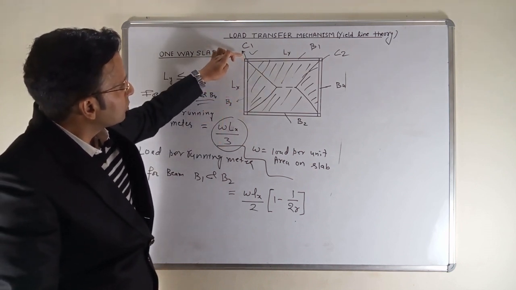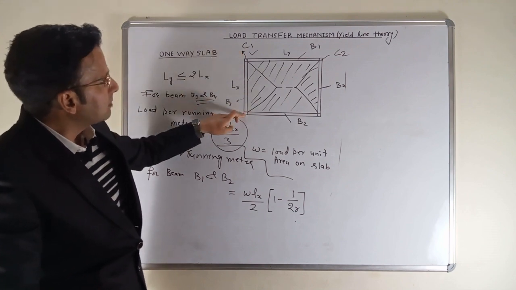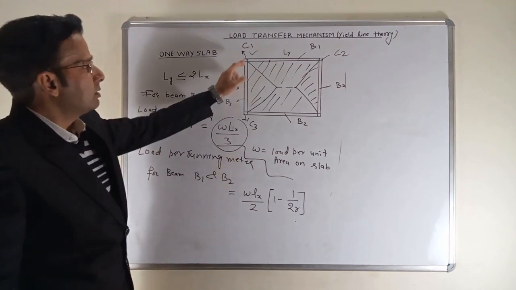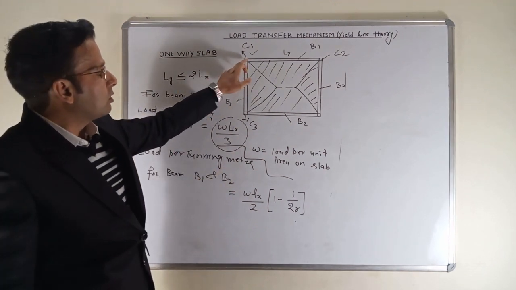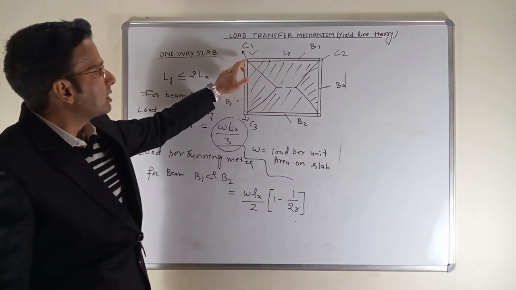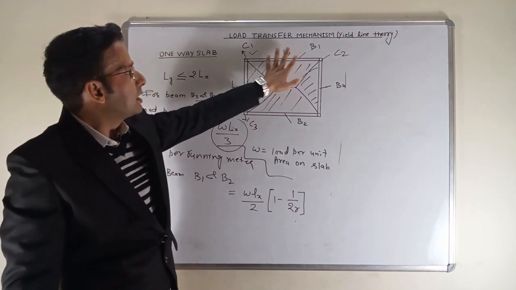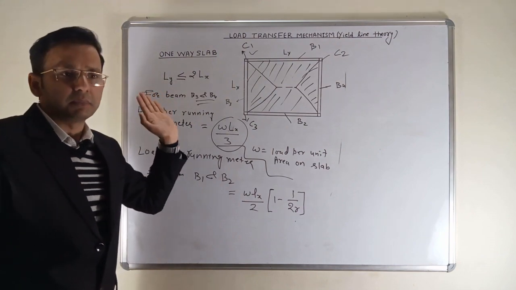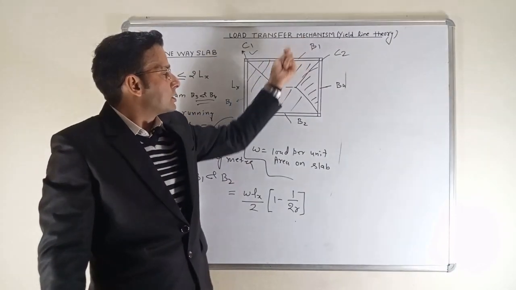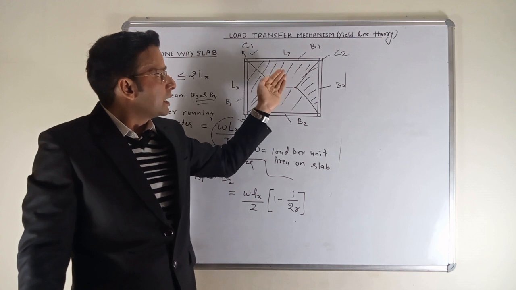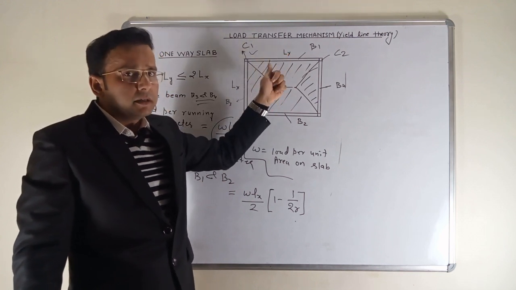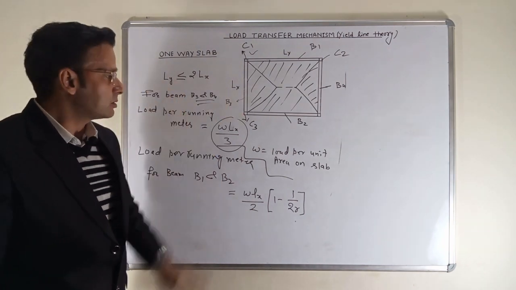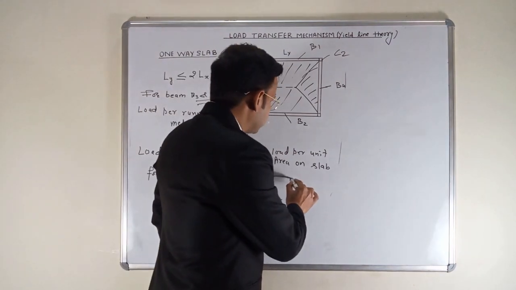One part will go through column C1 and another part will go through column C3. So in this fashion, you can also calculate the total load coming on column C1, just dividing the total load on the beam into two equal parts. This is very simple. This not only lets you calculate the load on B1, but it also gives you the total load on column C1. So this is a most useful concept.